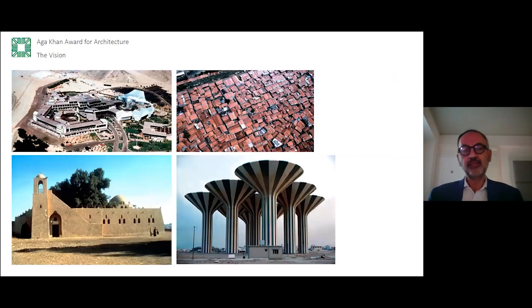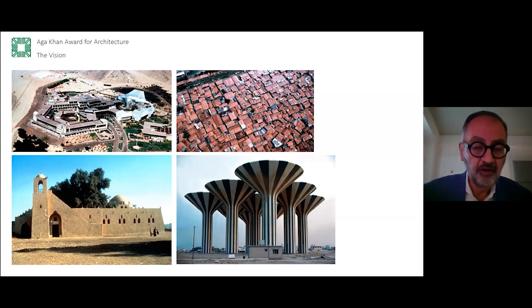In 1980, in those days, you were not talking about many issues which today in architecture are extremely normal. When the first awards were given, people were a little bit surprised, especially in the West, academia as well as the practicing architect, because for the first time, all of a sudden, we were putting slum upgrading, engineering, and high architecture, like the project in Saudi Arabia by Frei Otto, which unfortunately has been demolished, and the works of Hassan Fathy, all of them together with restorations and other types of architecture.